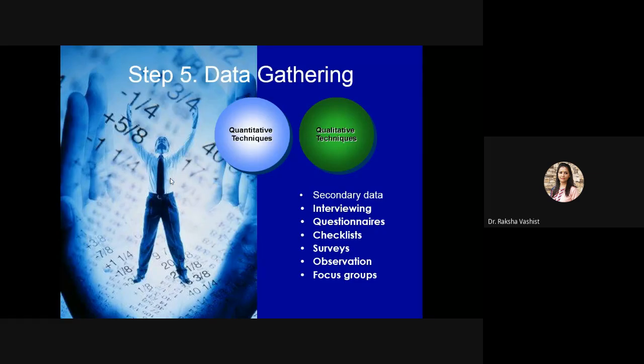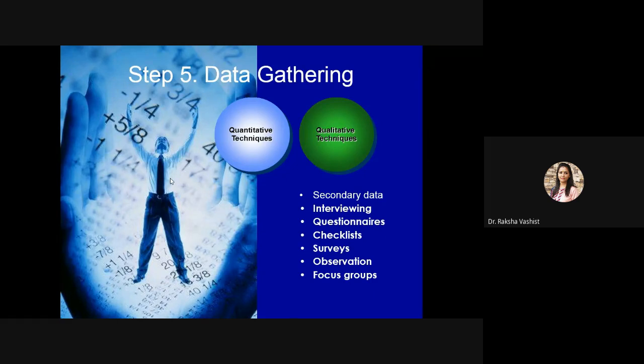Then we have the next step, that is data gathering, data collection. We have two techniques for data collection, the quantitative technique and the qualitative technique. Both techniques are used for data gathering. We already covered the data gathering concept in the first slide, the meaning and ingredients of research methodology.